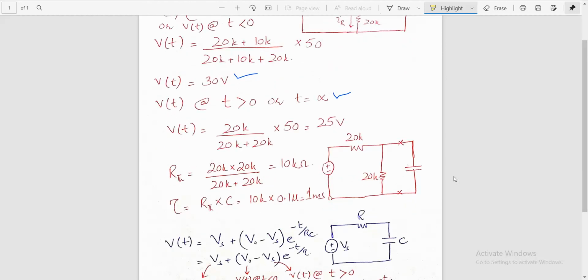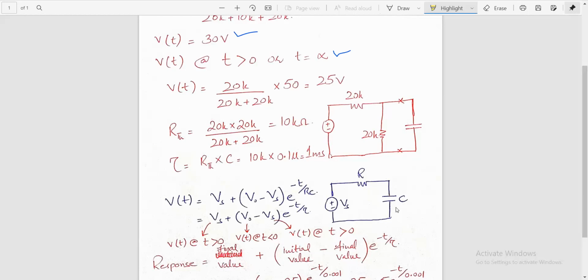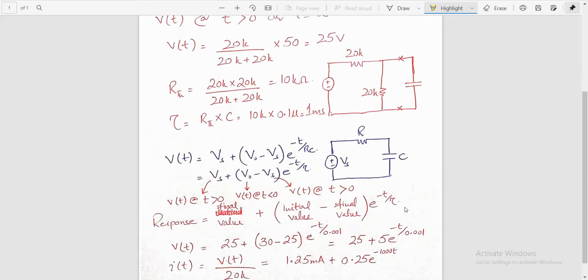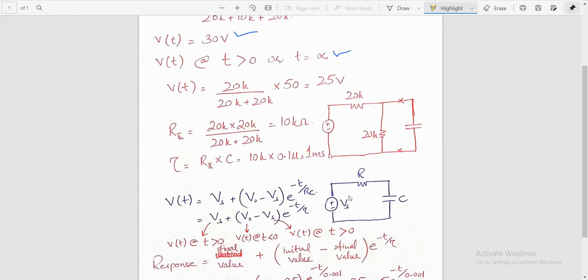I'm drawing the same circuit in blue color, and we perform the analysis on this circuit with zero initial conditions and with some valued initial condition. Recall the one in which the capacitor was initially charged to some voltage V0.